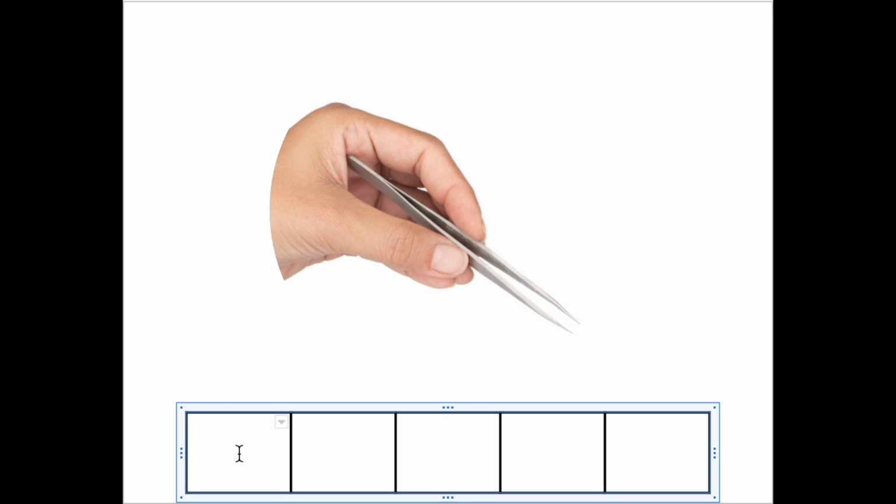First sound we hear in tweezer, T. We spell T with the letter T. Second sound, W. We spell the W sound with the letter W. Next sound, E, long E, double E. Z. We use the letter Z to spell the Z sound. And our last sound is spelled E-R. Great job.